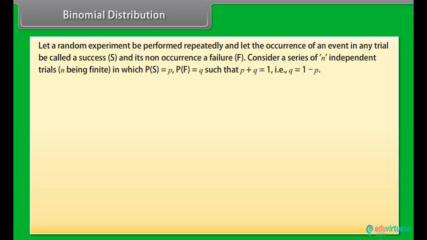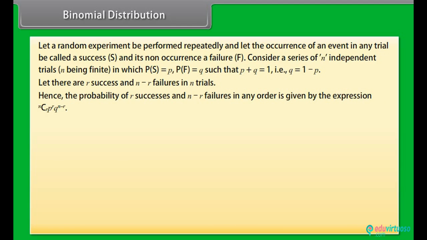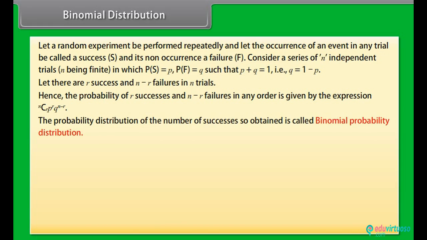That is, Q is equal to 1 minus P. Let there be r successes and n minus r failures in n trials. Hence, the probability of r successes and n minus r failures in any order is given by the expression nCr P raised to the power r into Q raised to the power n minus r. The probability distribution of the number of successes so obtained is called binomial probability distribution.